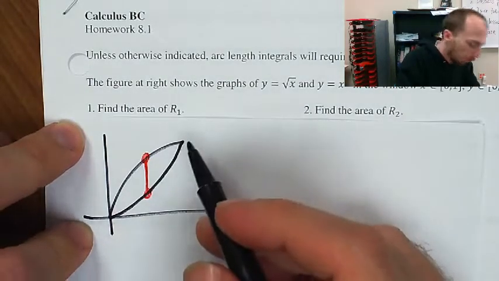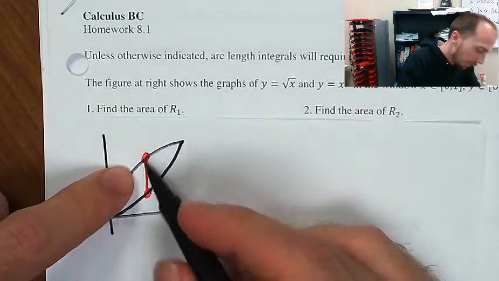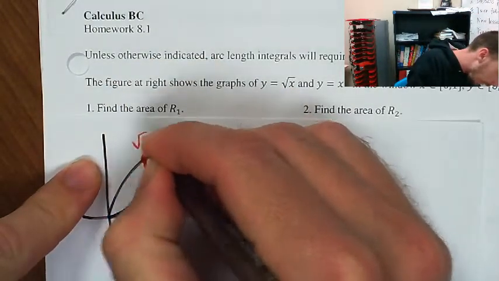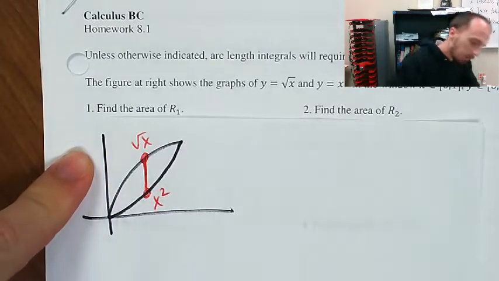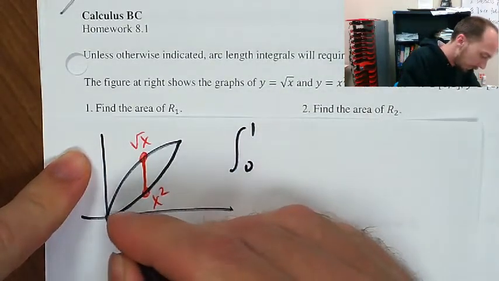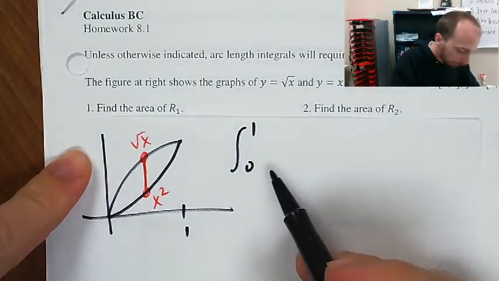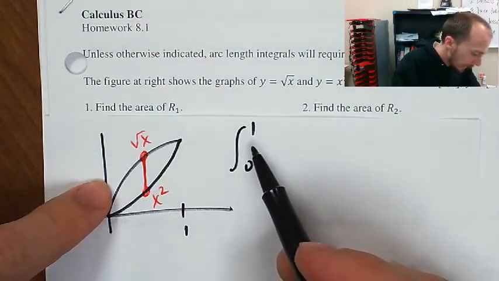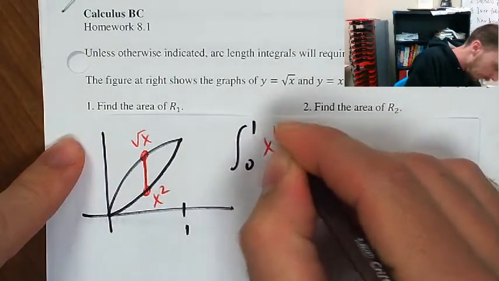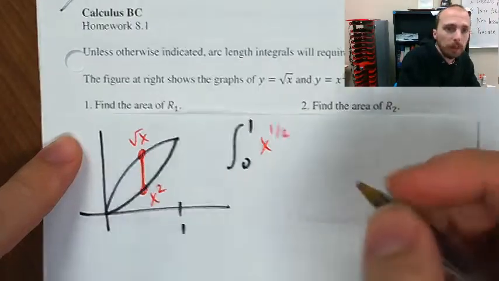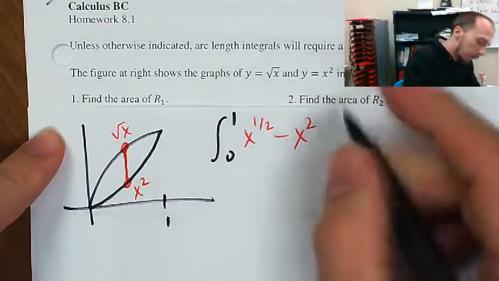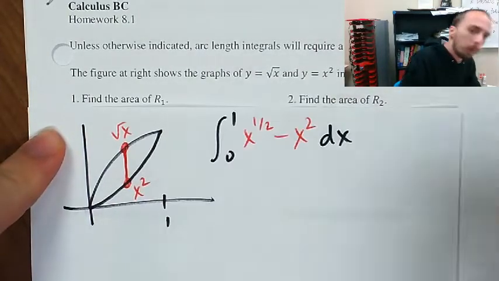So the area of region R2 is going to be top minus bottom, which is y equals square root x minus y equals x squared. When I integrate, it'll be the integral from 0 to 1, because that's x equals 0 and that's x equals 1. Top minus bottom is square root of x, and I might even just write it as x to the 1/2 immediately, minus x squared, integrating as x runs from 0 to 1.